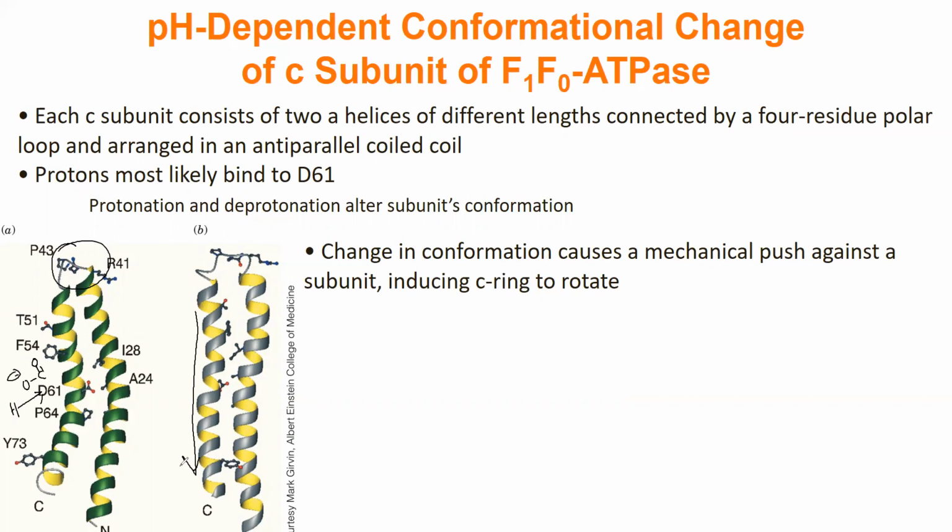This straightening out of the helix pushes against the other helix and causes an actual mechanical change in the whole subunit that causes it to rotate. And it is this whole straightening out the helix and then losing the proton to bend the helix that is causing the whole C subunit, the F0 subunit, to go around in that merry-go-round fashion, causing ATP to be created. So that's actually what's happening on the molecular level to cause this movement.